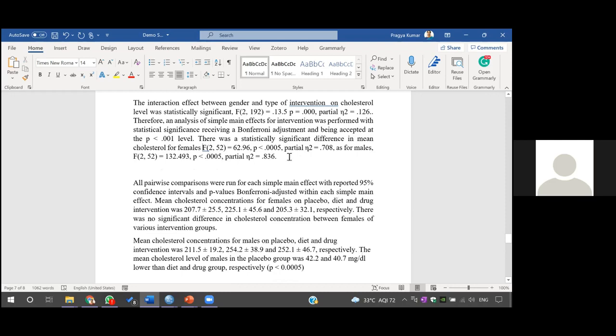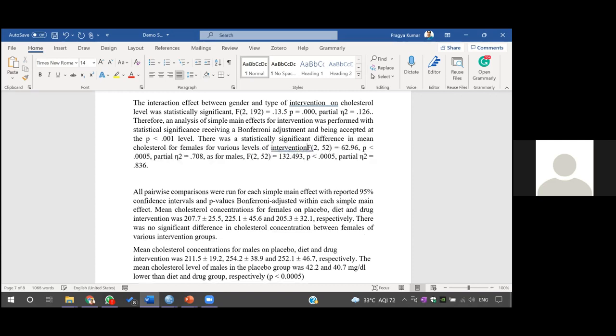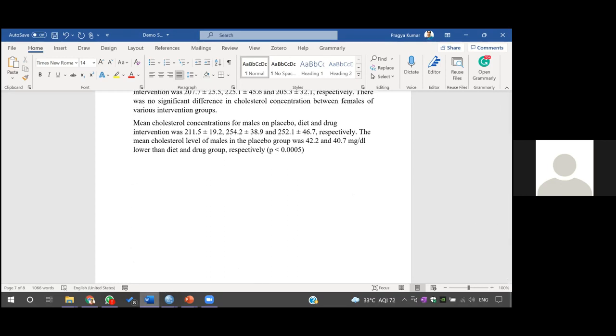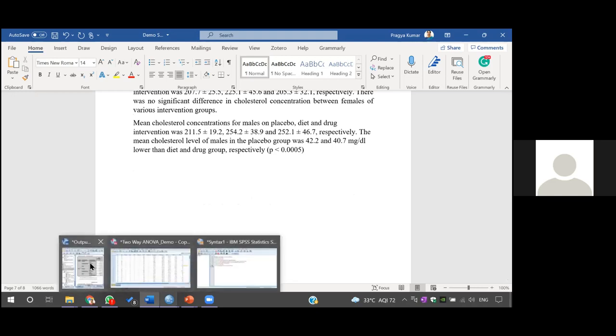So similarly, this was for the intervention, for various levels of interventions. Similarly, this and then mean cholesterol. So this was the analysis and interpretation of the same 3 tables which we have discussed here in the output.